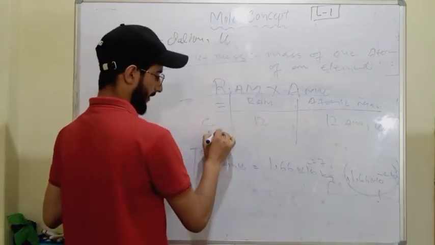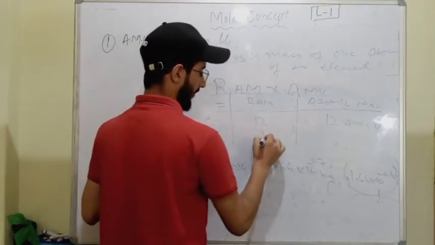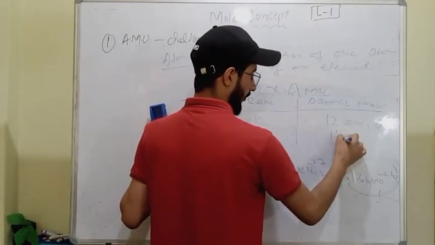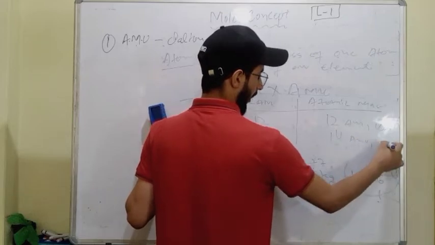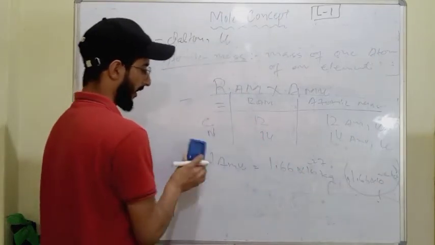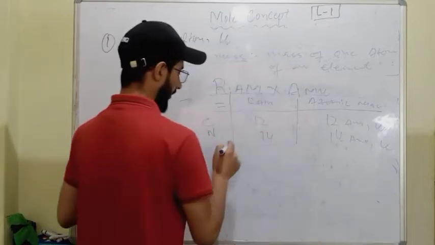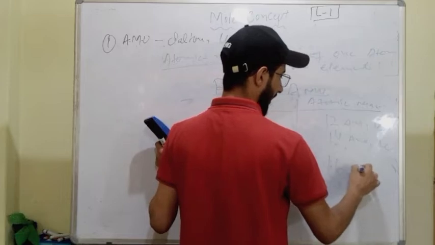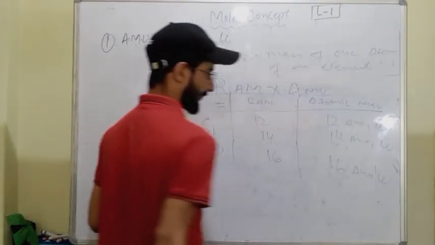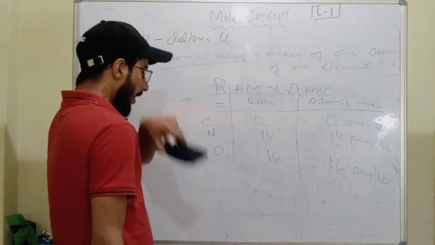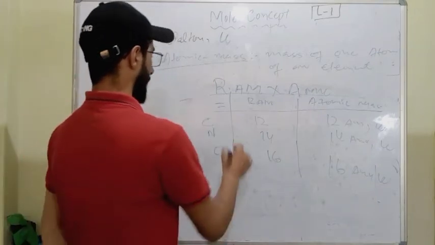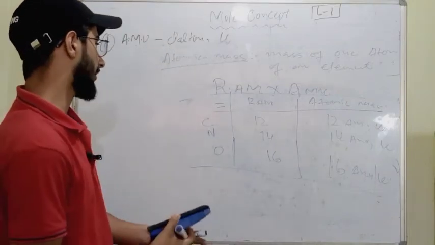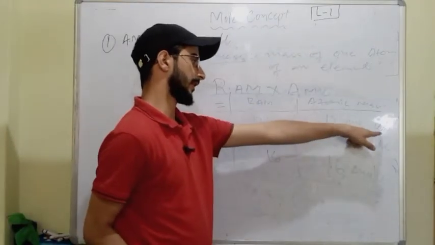If I'm taking nitrogen, it will be 14, and the atomic mass of nitrogen will be 14 AMU, or unified mass. If I'm taking oxygen, it will be 16, and 16 AMU, or U. Like this, the only thing that has changed from the relative atomic mass is the unit.